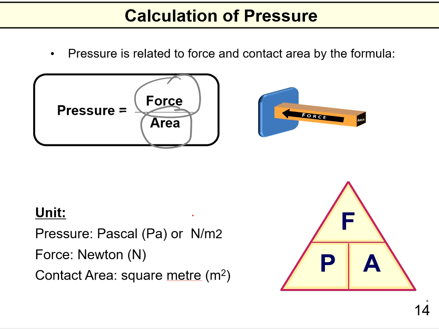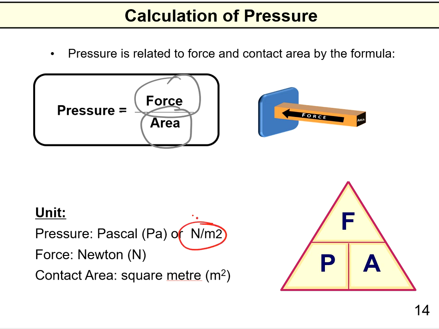And if you want, you can also remember it with this formula: F on top and P and A below. So what are the units used in this formula? It is important that when you are using this formula, you substitute the units correctly. Pressure is measured in Pascal, a capital P and small a. Do note that it is important that the P is uppercase and the A is lowercase. Another unit is newtons per square meter.